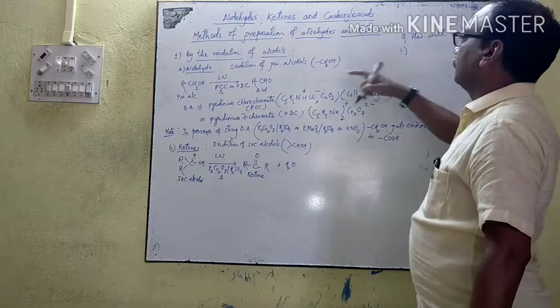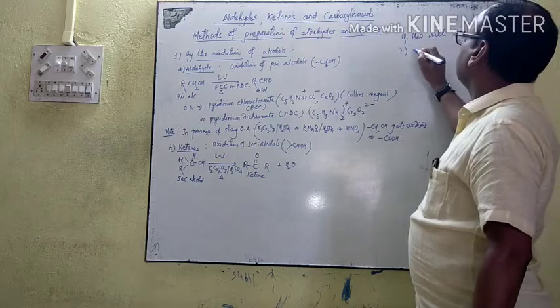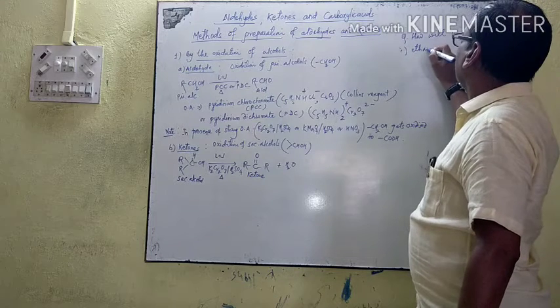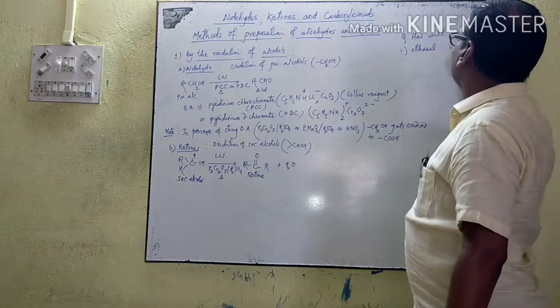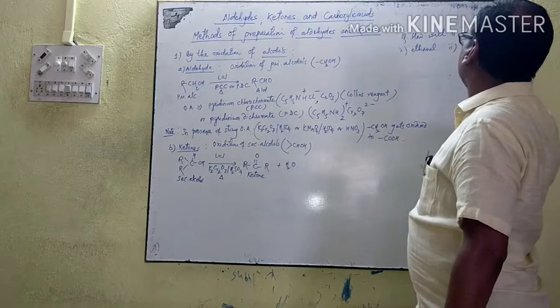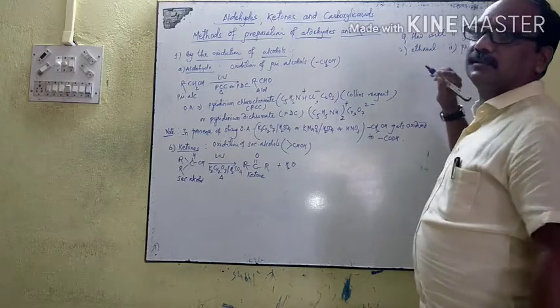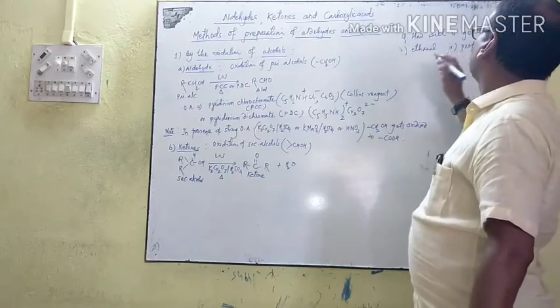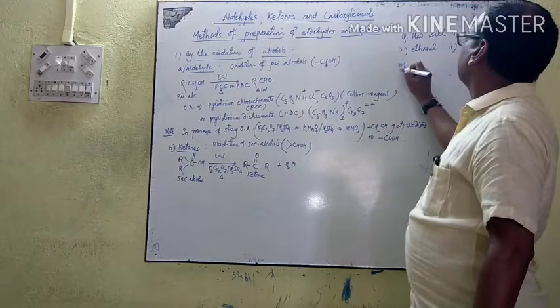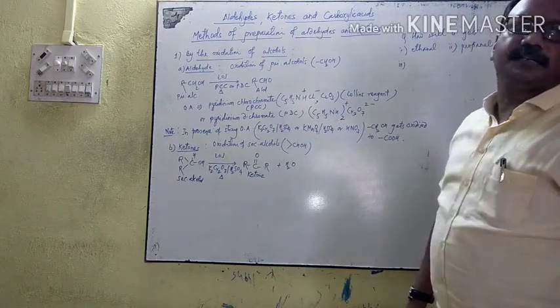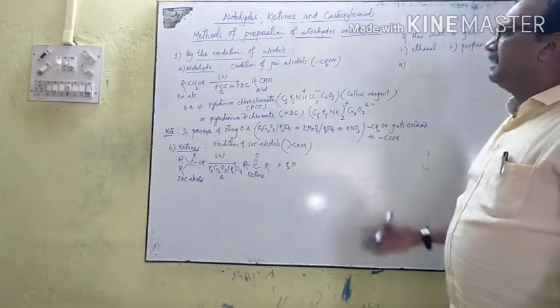Number one, let's write aldehyde as acetaldehyde, from ethanol. Second is propanol. You can refer to the alcohol chapter to go through this question. You will definitely get the answer from it.